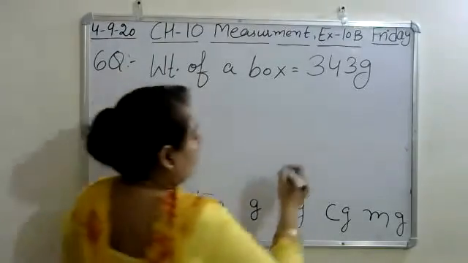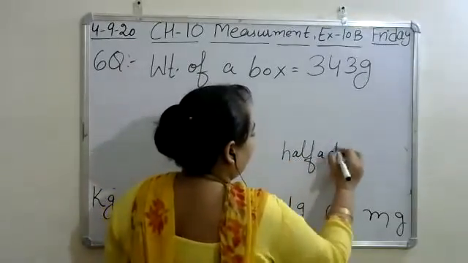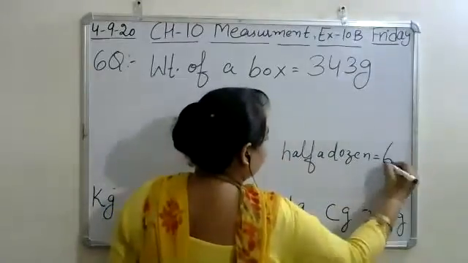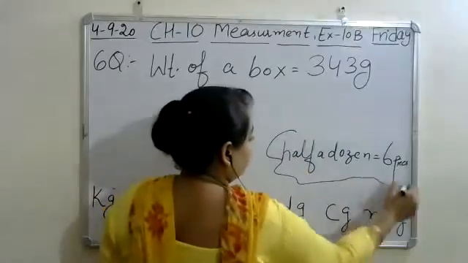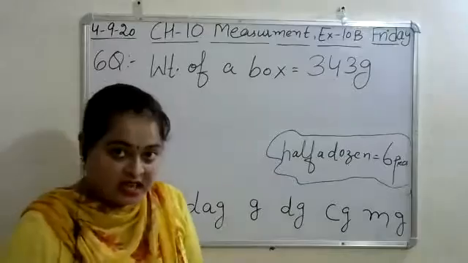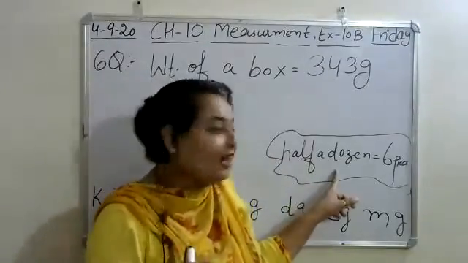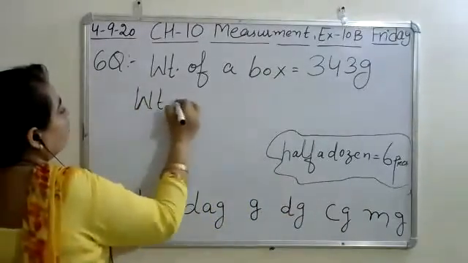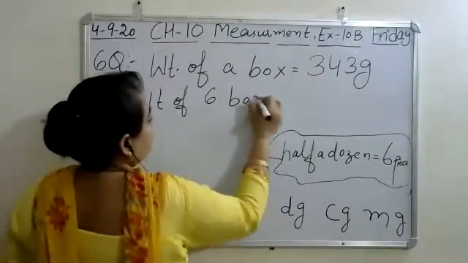Now tell me how many pieces in half a dozen? 6 pieces. Very good. Because in 1 dozen, we have 12 pieces, but half. What is half of 12? 6. So you will write here weight of 6 boxes.